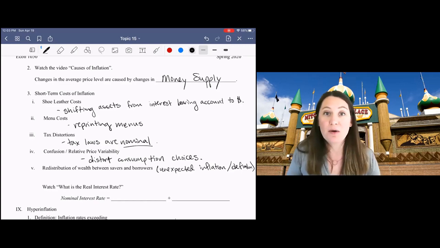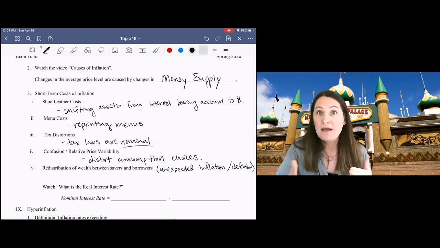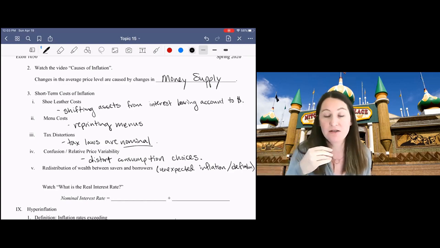So say you're going to buy a car, you take out a loan, you have an interest rate in your contract. That interest rate is written in nominal terms. So when you pay back your car loan, you pay back some set amount of money in nominal terms, right, every month for the next 5 years.